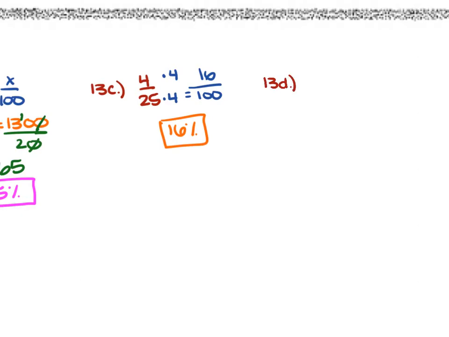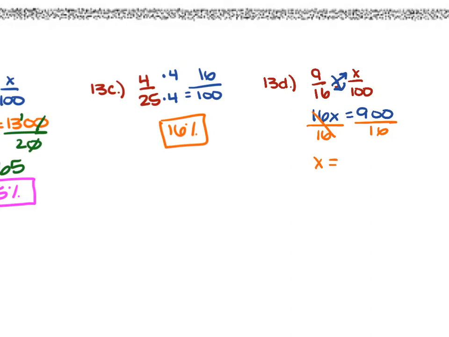For D, we are given 9 over 16. So I am going to set this equal to something over 100 and cross multiply. So I have 16x is equal to 900. I'm going to divide each side by the 16.